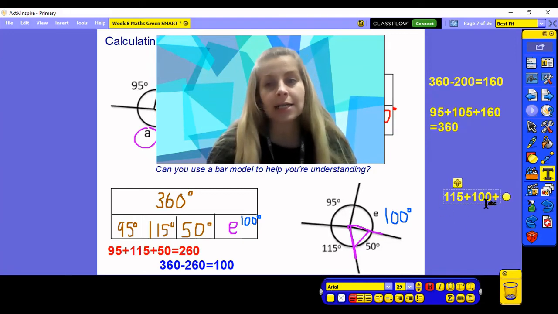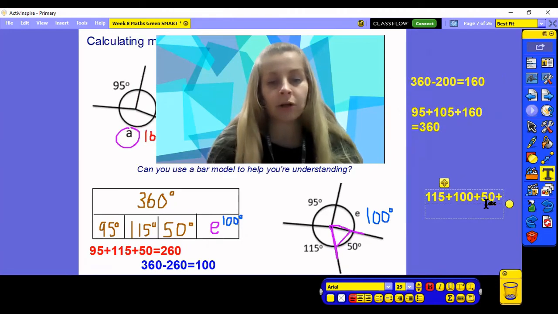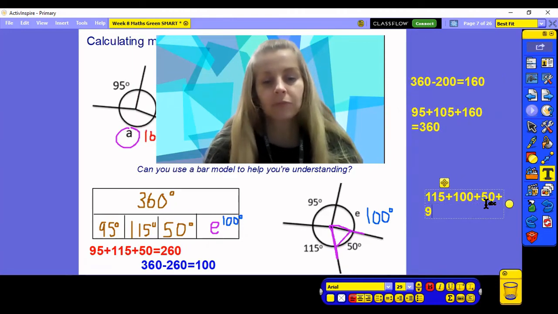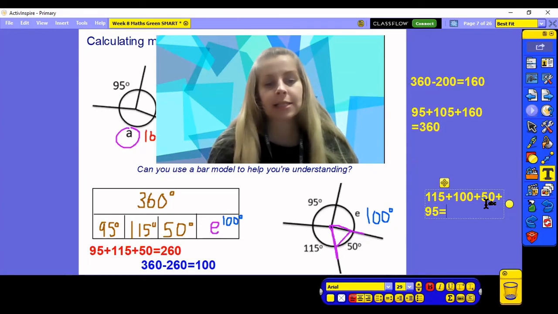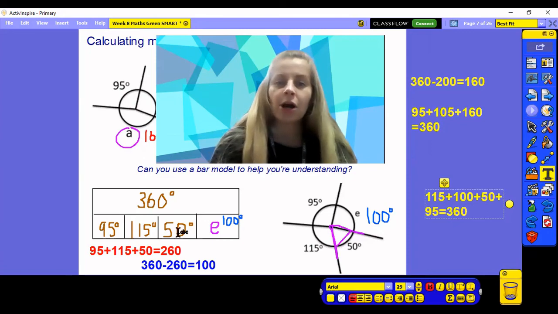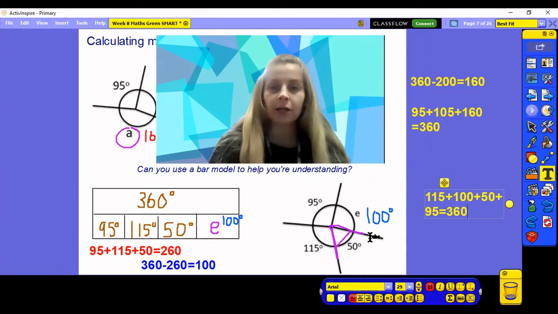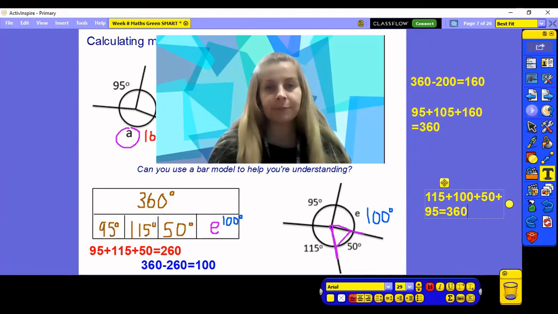And then we're going to add on, well, I would maybe go on to our 50, make it a bit easier, and then we're adding on our 95. And in total, that will get us back to our whole 360 degrees. So I know that I've checked that all of these angles, including our mystery angle that we've now found out, will get us back to 360 degrees.